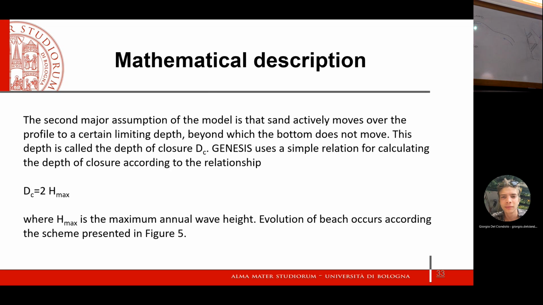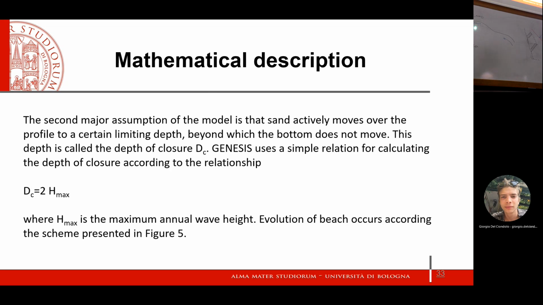Usually the sand doesn't reach the very deep sea bottom. It moves along shore and remains confined in a belt between the coastline and a limiting depth of the ocean, which is called the depth of closure.